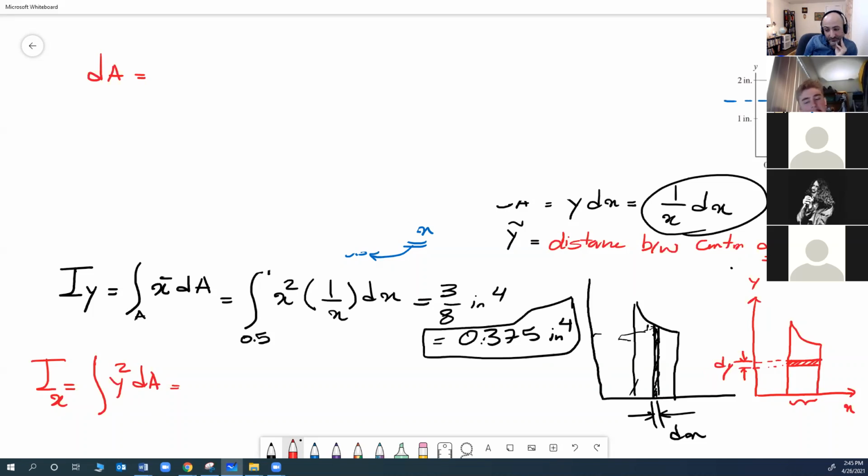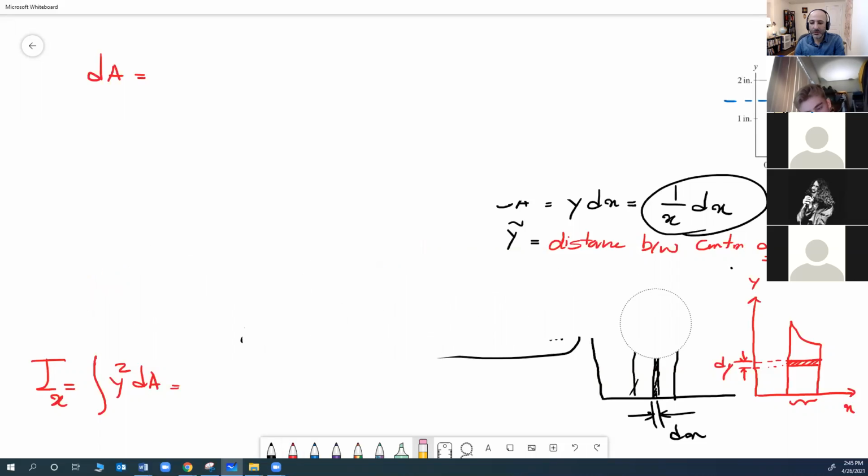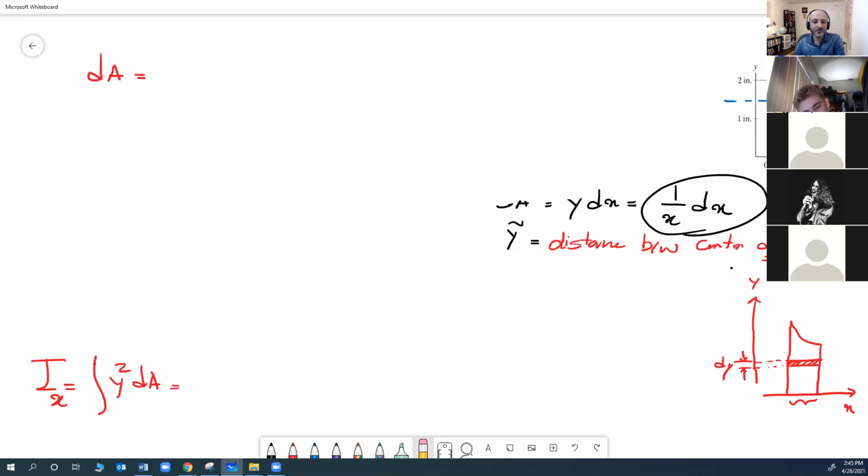What is dA? I'm looking at this graph in the corner. I have an element parallel to the x-axis. What is my dA?